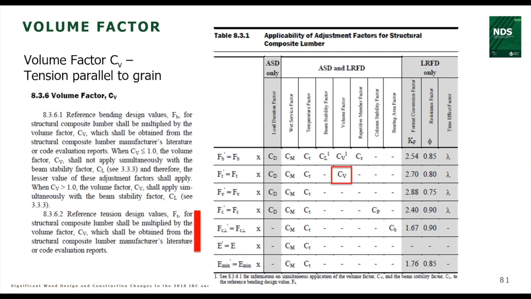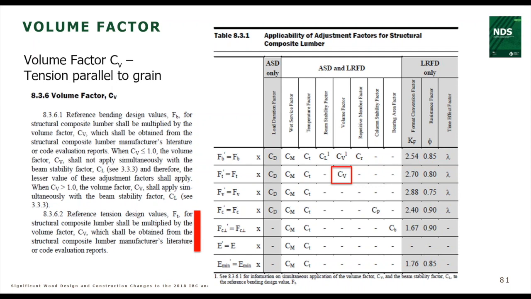There was another change in table 8.3.1: the inclusion of a volume factor for structural composite lumber tension parallel to grain values, so that's the F sub T calculation.